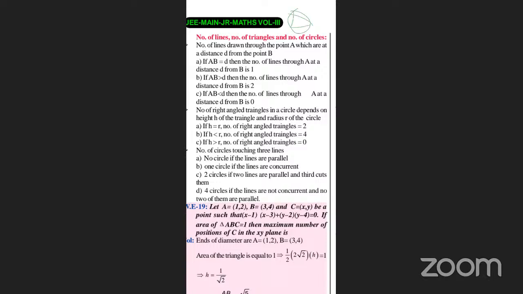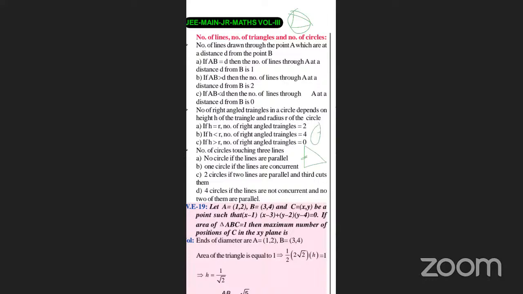To inscribe a right angle triangle in a circle, what depends a lot is the height, the altitude of the triangle, and the radius of the circle. If this is my right angle triangle, this altitude plays a very important role, and with that, the circle's radius also plays a very important role.